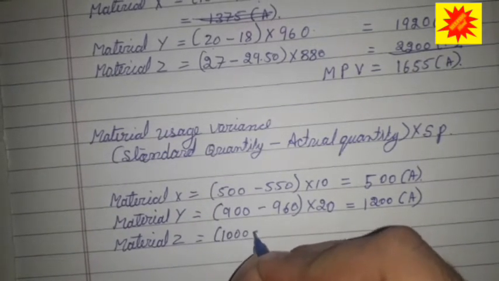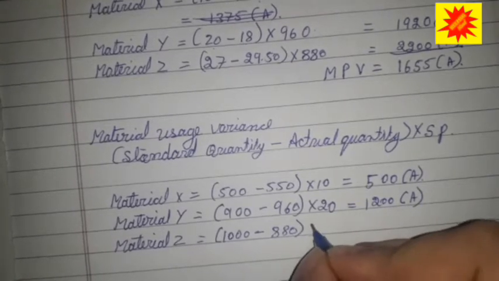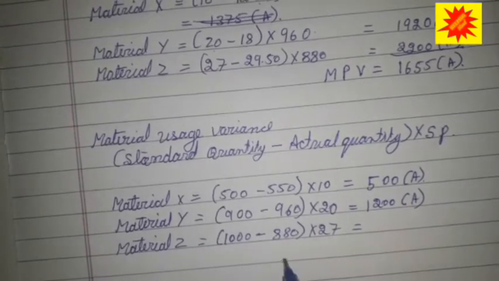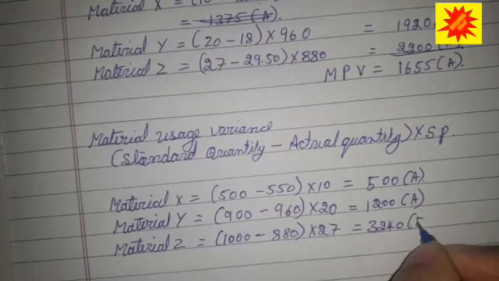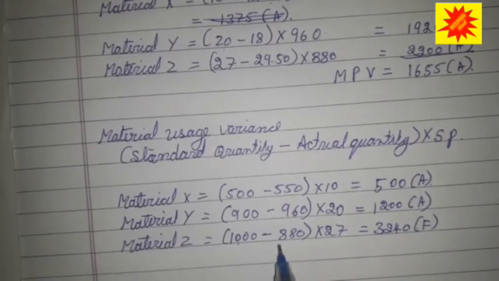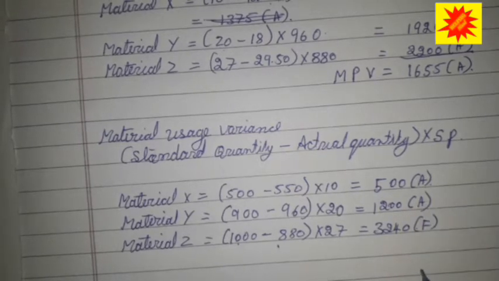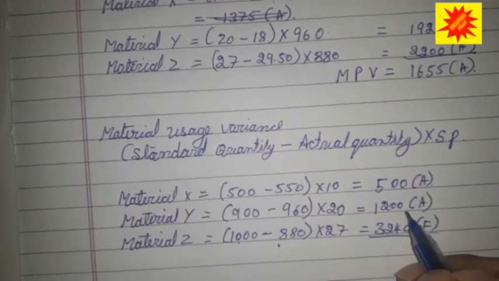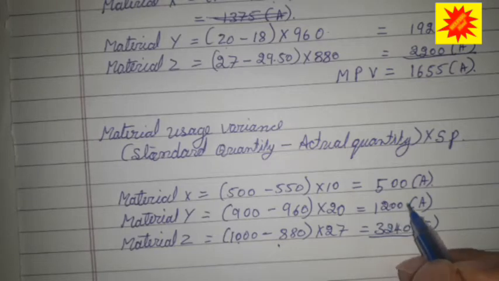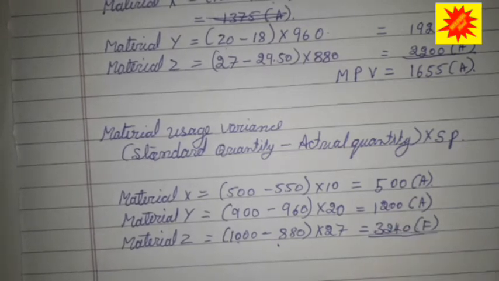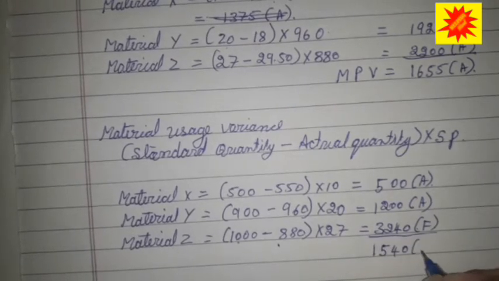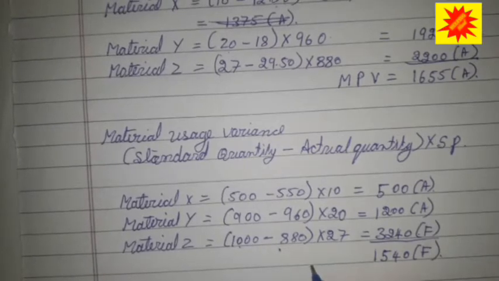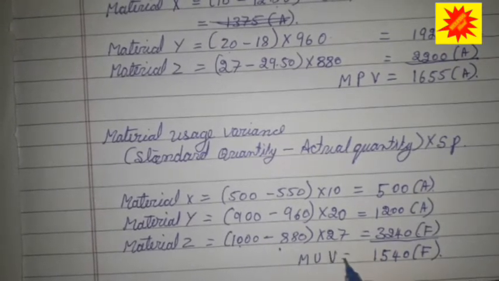So 1000 minus 880 into 27 per unit will give you 3240 favorable, because 1000 minus 880 will give you a positive number, into 27 will be again positive, so it is favorable. Do the calculation again. So minus 500 minus 1200 plus 3240 will give you 1540 favorable. So this is your material usage variance.